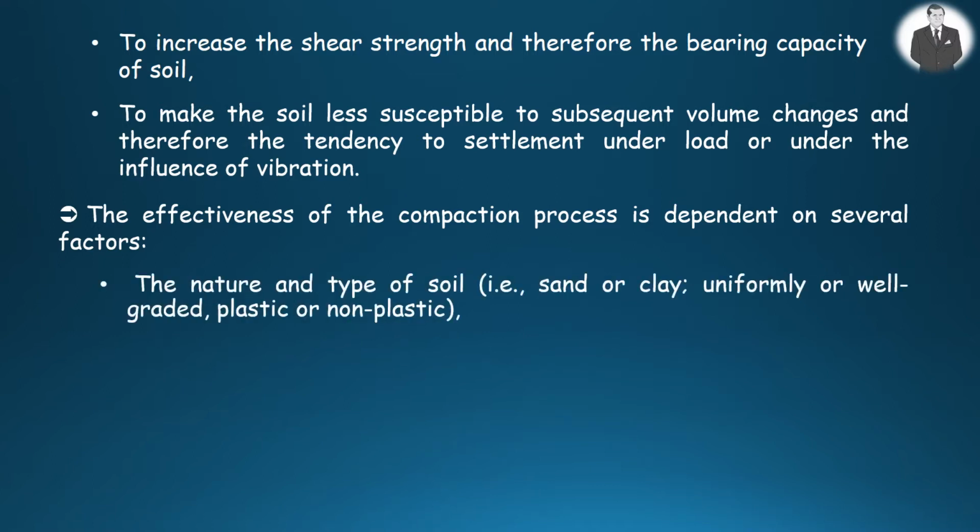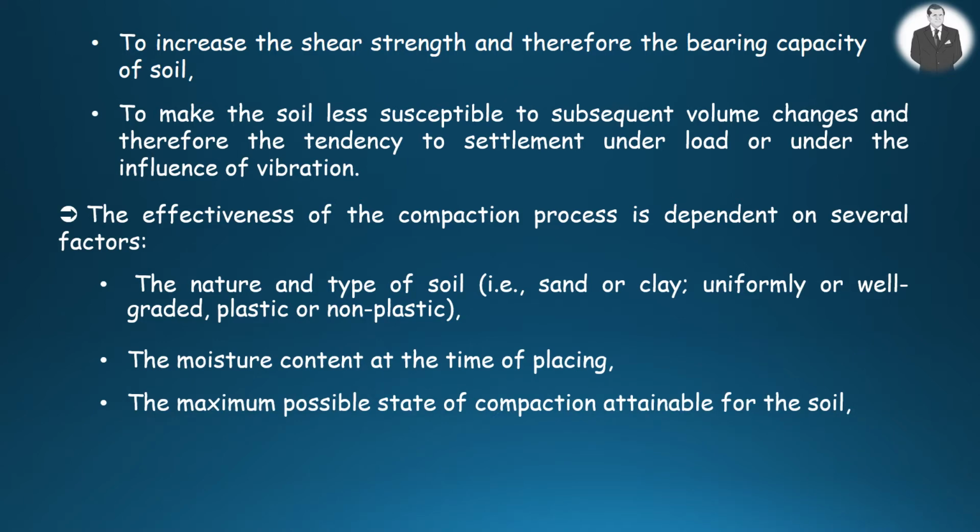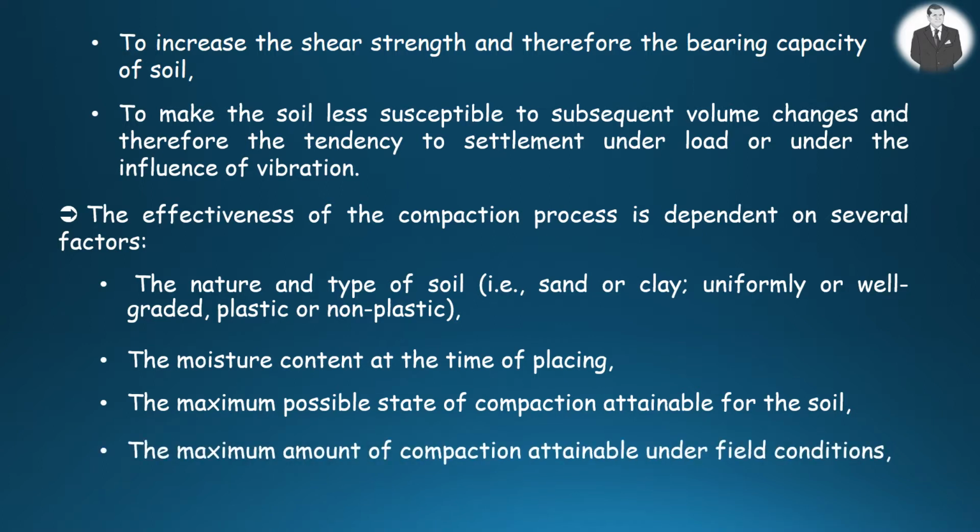Among them are the nature and the type of soil, that is to say, sand or clay, uniformly or well graded, plastic or non-plastic, etc. The moisture content of the soil layer at the time of placing, the maximum possible state of compaction obtainable for the soil, the maximum amount of compaction reachable under field conditions, and finally, the type of compaction equipment being used.